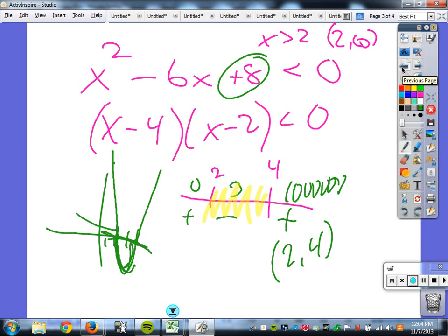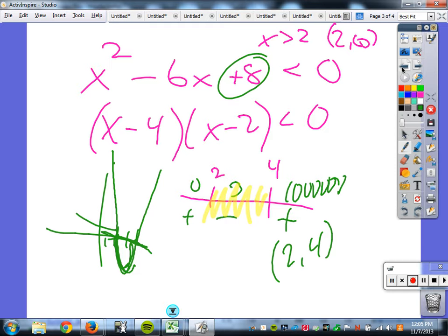I'm not shading anything, but I'm looking for when this is less than 0. On the number line, if I had a y, this is what the graph would look like. I'm looking for stuff less than 0, and that's in between 2 and 4.